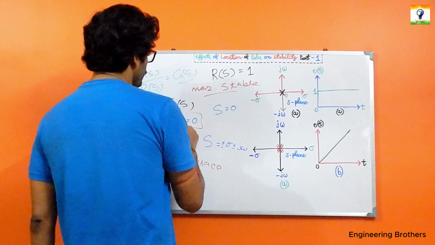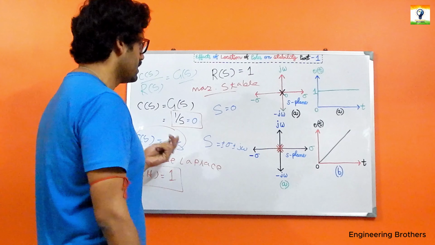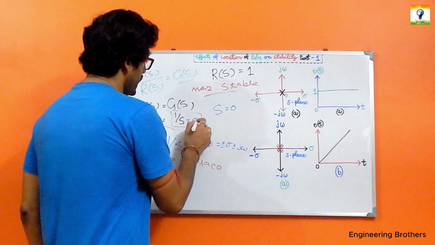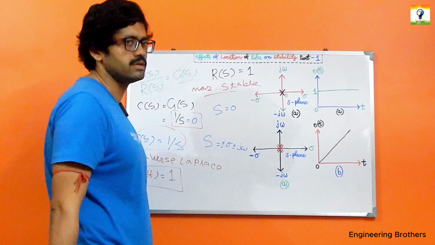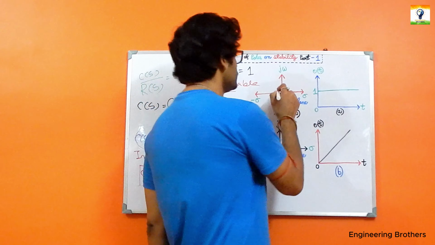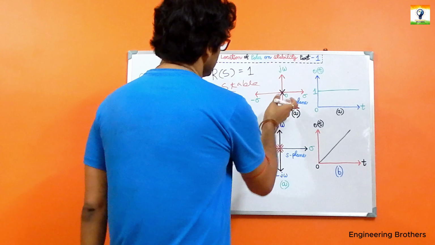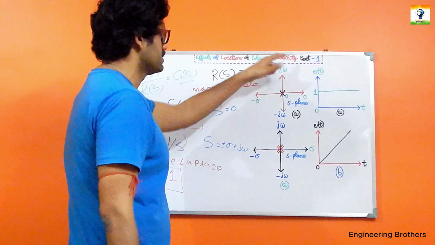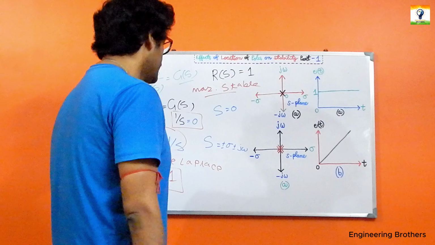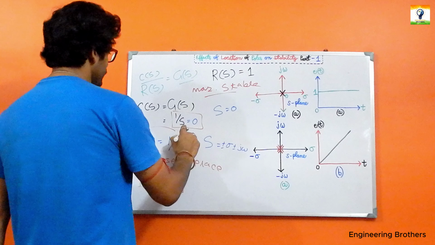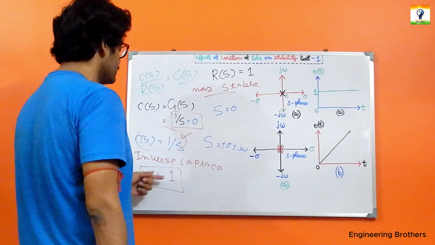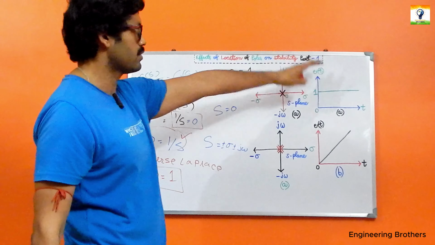And how do we put that in our S-plane? Just consider the denominator part equal to 0. After that, in the S-plane we have this pole located here, and after we apply the inverse Laplace, we have c(t) equal to 1, and we have drawn that waveform as well.